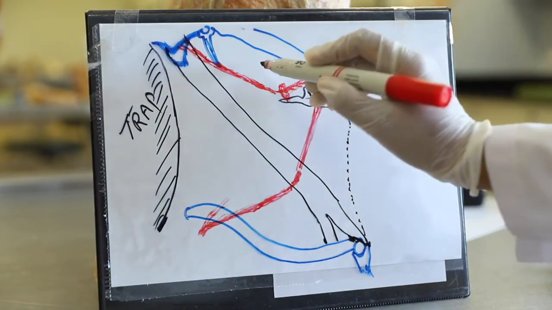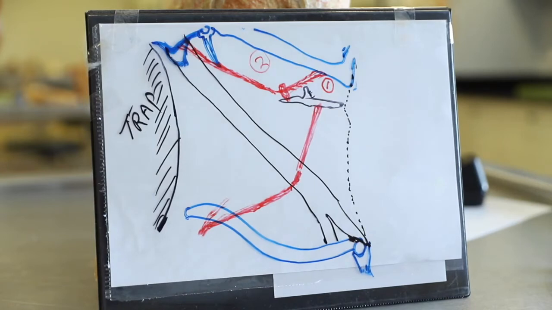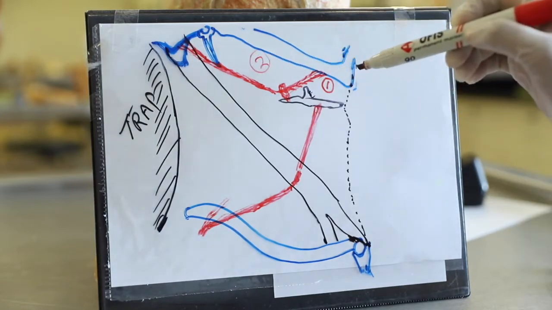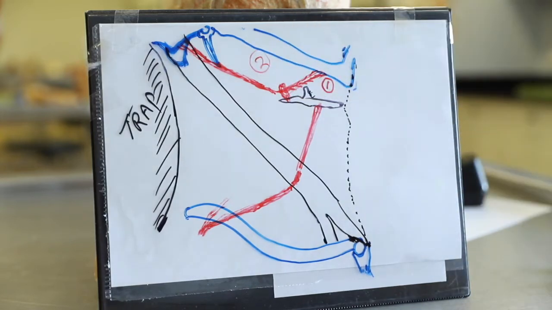The second triangle is located here, and this is called the digastric triangle or submandibular triangle.